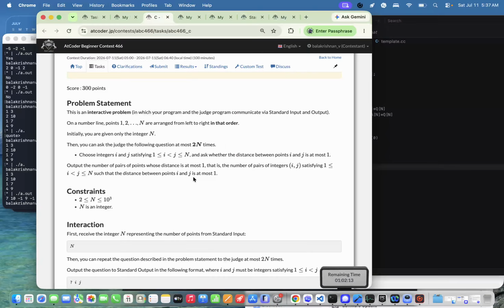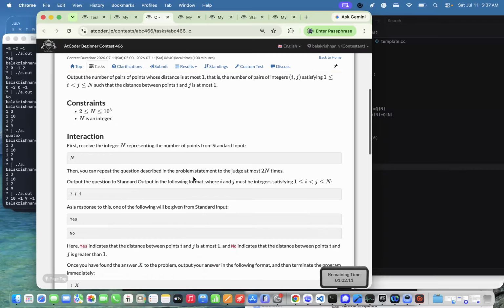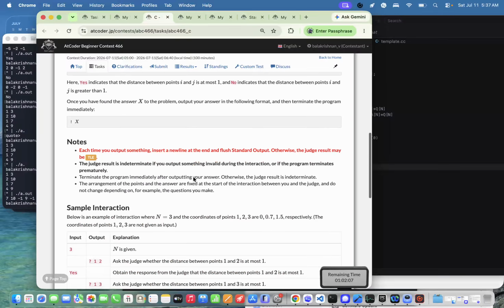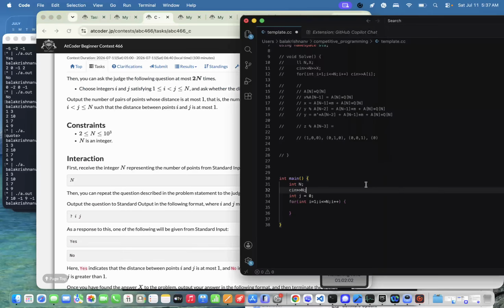Number of pairs of integers, at most 1. Okay, they're just like real numbers.